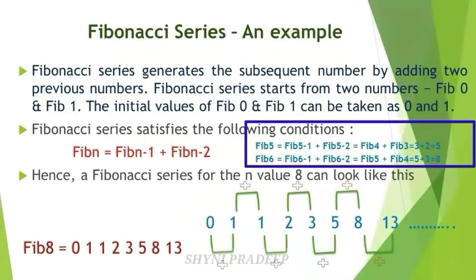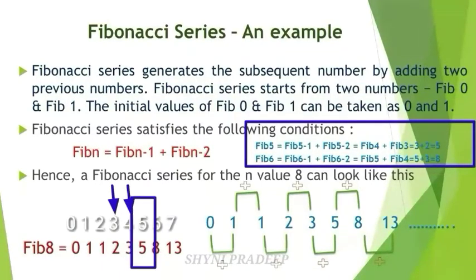So Fib 5 minus 1 means Fib 4 plus Fib 5 minus 2, Fib 3. Which number is stored at index position 4? 3. Next, which number is stored at index position 3? 2. So 3 plus 2, 5. So for the 5th index position, we have to calculate these two elements, and that is 2 plus 3 is equal to 5. Next, if you want to calculate the 6th element, right?